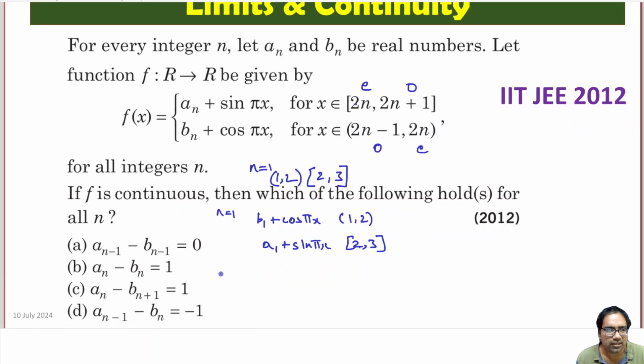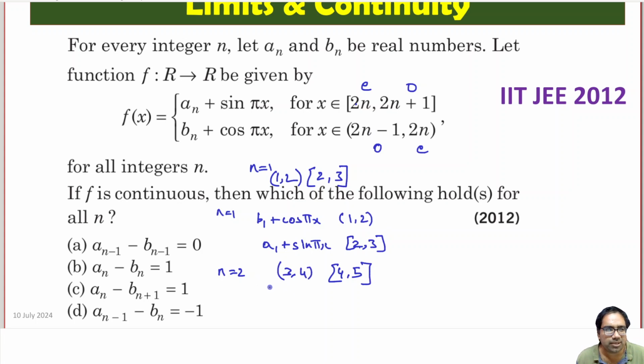Similarly, when n equals 2, what will happen? Then this becomes 2n, that is 4 and 5. One is between 4 and 5. The other is between 4 minus 1 and 4, that is 3 and 4.